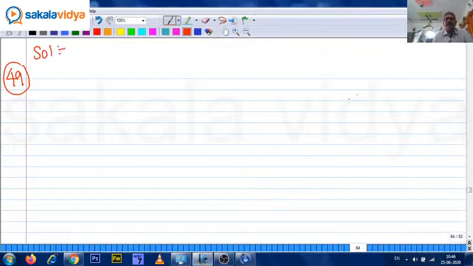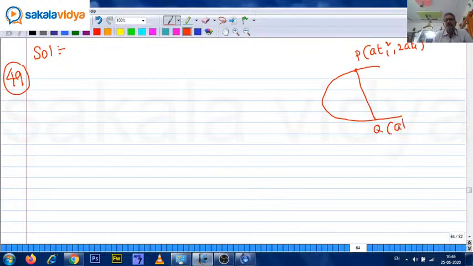First let me draw the figure. This is the parabola. Normal drawn at P of T1, say a t1 square comma 2a t1, meets the parabola again at Q, say a t2 square comma 2a t2.